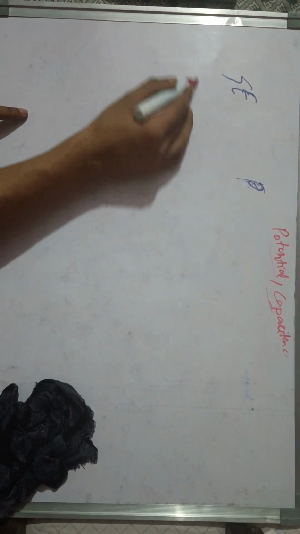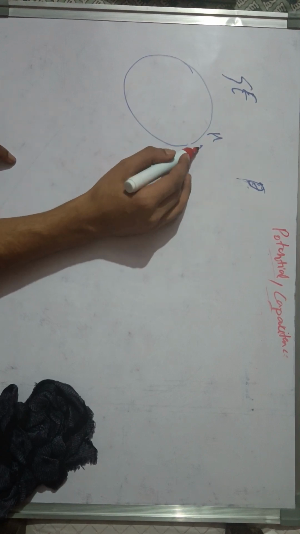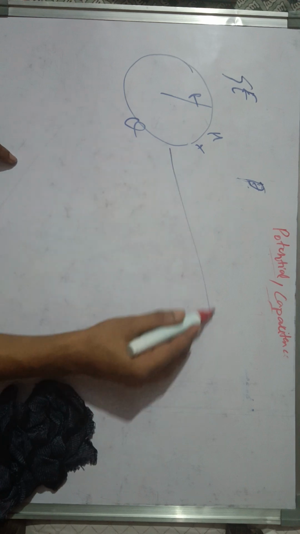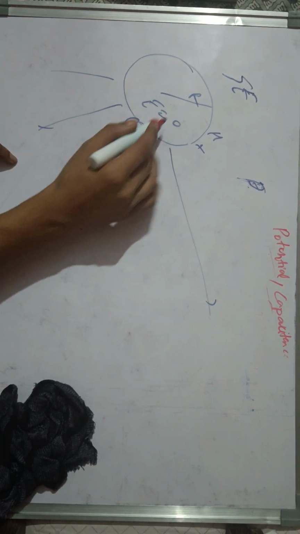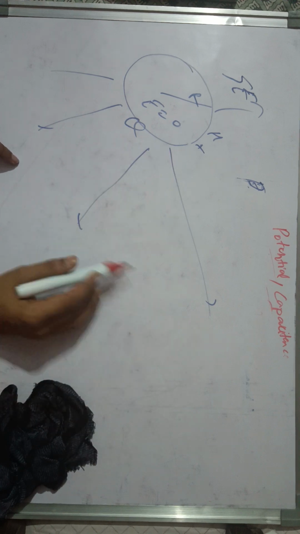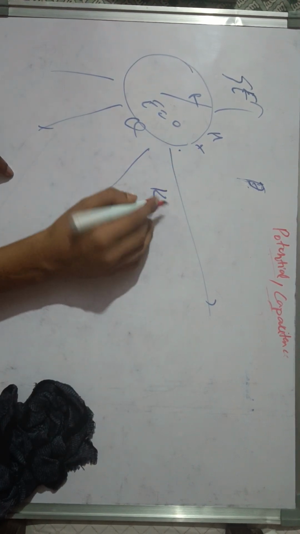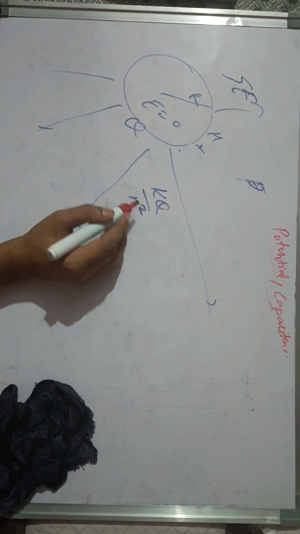Let's say there is a hollow sphere carrying some charge q uniformly at its radius r. The electric field inside will be zero, so the electric field is only present outside, and the electric field at any point outside is simply kq by r square, just like we did before.